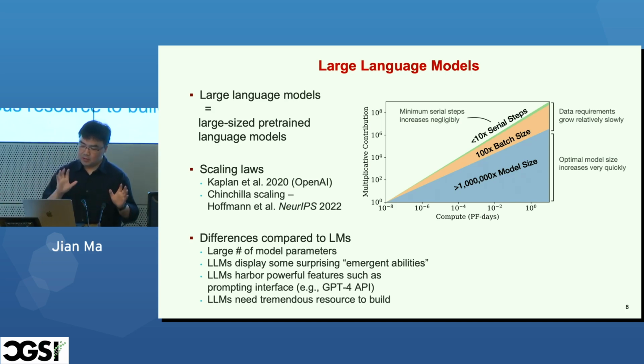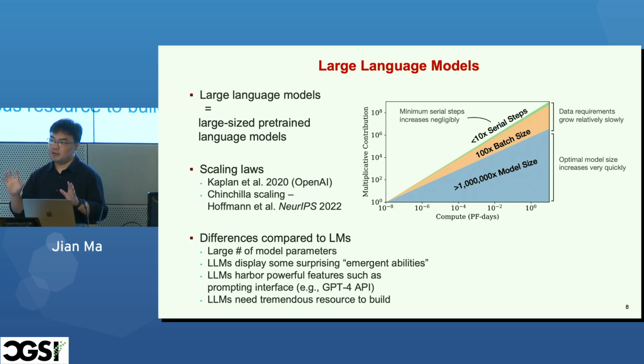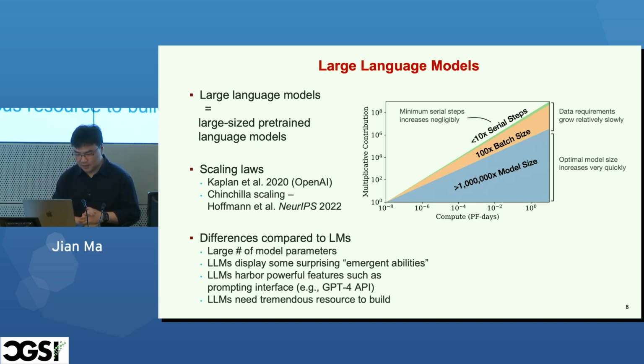If you compare regular language models with large language models, large language models have some very unique characteristics that people expect to see. First of all, as I said, is the number of model parameters: tens of millions, tens of billions, and hundreds of billions of parameters. I think Meta released Llama 2 the other day, with over 70 billion parameters.